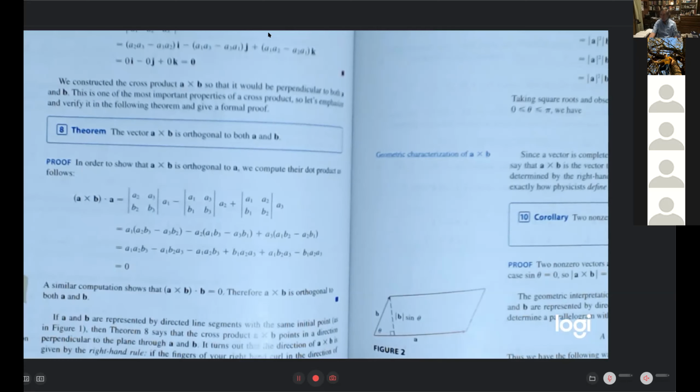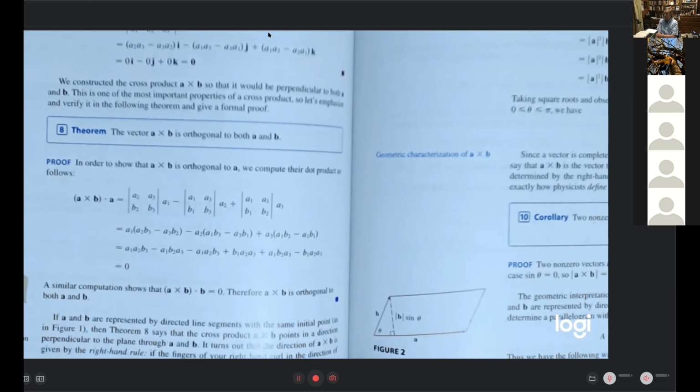Now, if the two original vectors make a plane, if they are linearly independent, remember on Wednesday we talked about linear independence. If two vectors are linearly independent, you can think of that easily as they point in different directions and not the opposite directions.